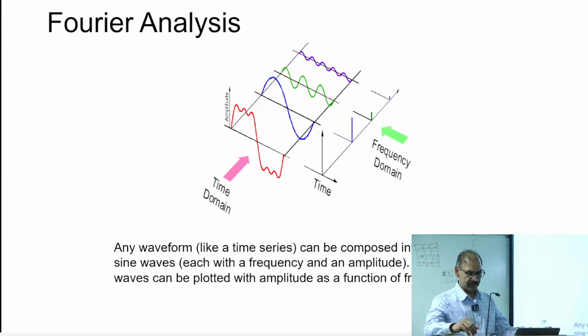And as I had said, to describe a sine wave, you just need 3 parameters, right? They are phase, amplitude, and frequency, right? So once you have those 3, you can describe that.